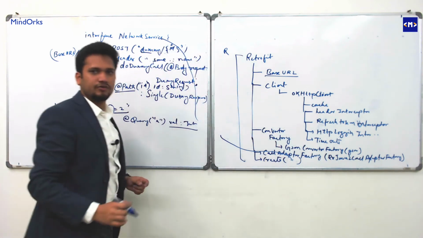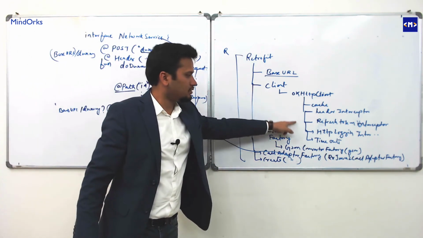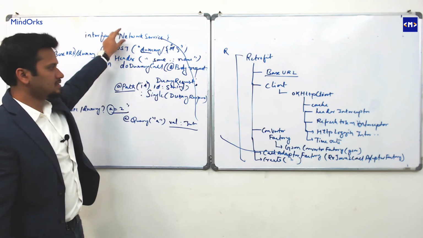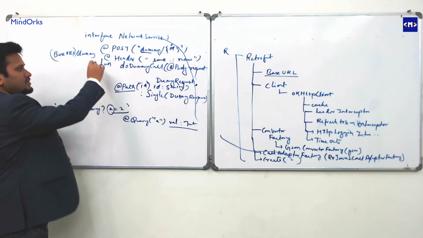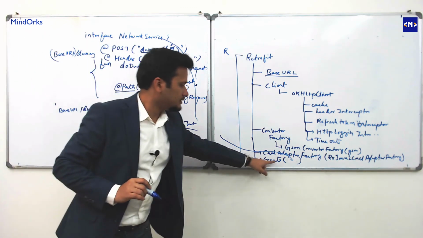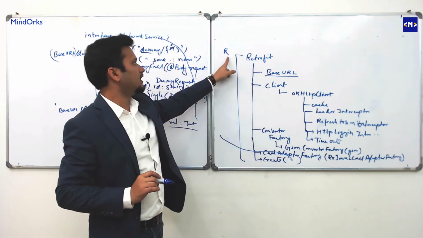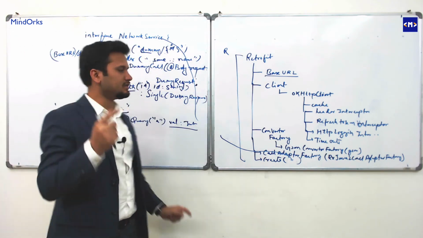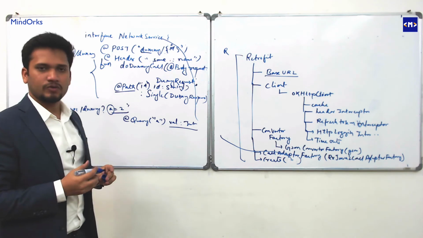So now Retrofit will be able to use all this configuration, and it will create an instance of this class and implement these methods for you. You don't have to do it yourself, and then it will return a Retrofit service that you need to maintain to make the API call you have mentioned here.